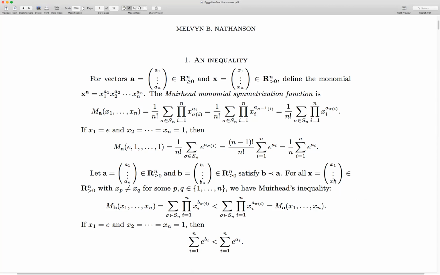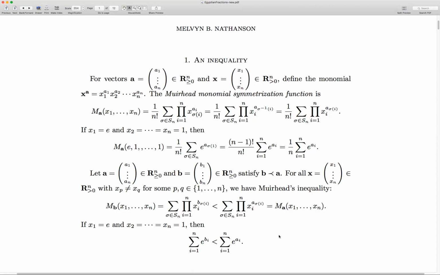And Muirhead's inequality says that if you take a vector x which is not a constant vector, so there's some p and q where the coordinates xp and xq aren't the same, then if you symmetrize with respect to the exponent vector b, and you symmetrize with respect to the vector a, if a majorizes b, then this number is strictly greater than this number.